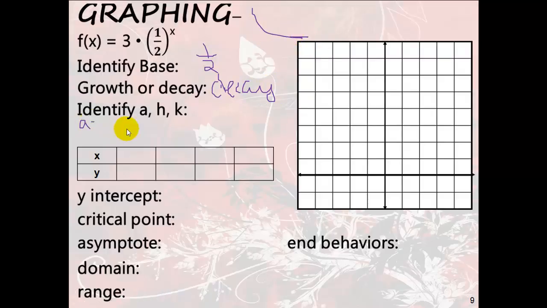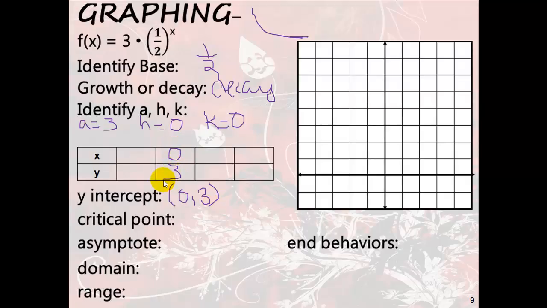A is equal to 3, h is equal to 0, k is equal to 0. So my y-intercept, I have to plug in 0 for x. So when I do, I get 1/2 to the 0 power. Well, that's 1, and then I multiply it by 3. That's 3. All right? So I'm going to put that here.